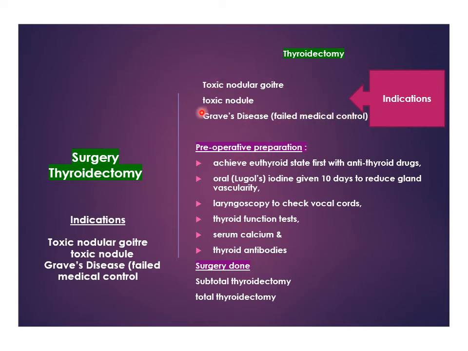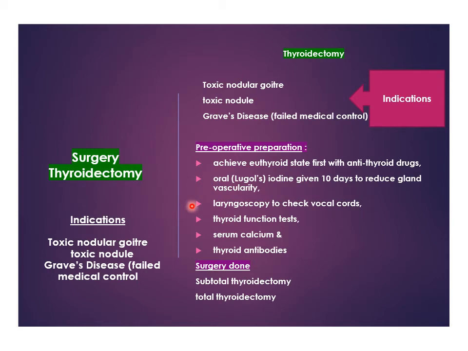It is important for hyperthyroid patients going for thyroidectomy to be prepared preoperatively. You must first achieve a euthyroid state with antithyroid drugs. Then the patient is usually given some oral iodine, called Lugol's iodine, given 10 days before the operation to reduce the gland vascularity.